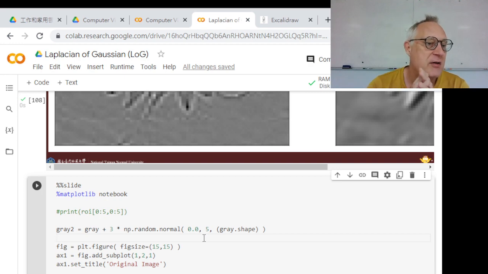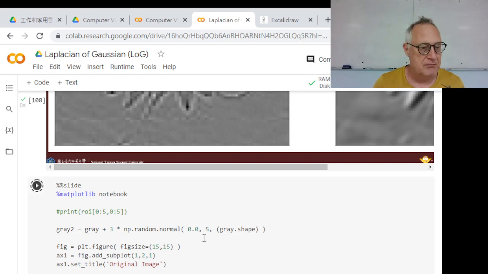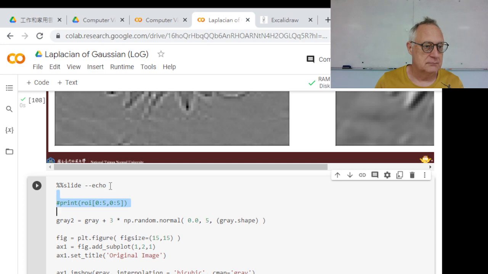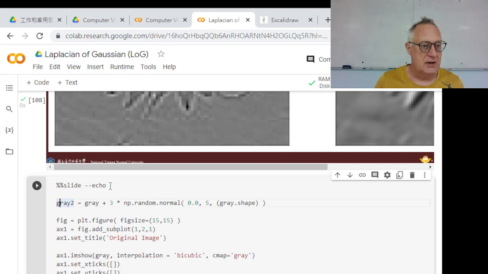But now let's have a look at the same image, except I add a little bit of noise to it. So here I have my original grayscale image, but then I add a pixel noise of maximum 3. No, not a uniform noise.